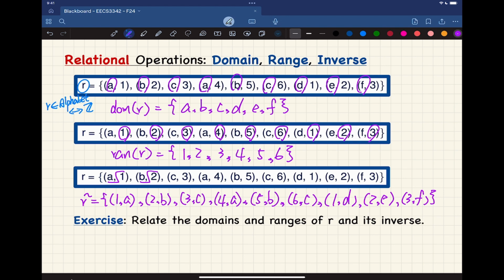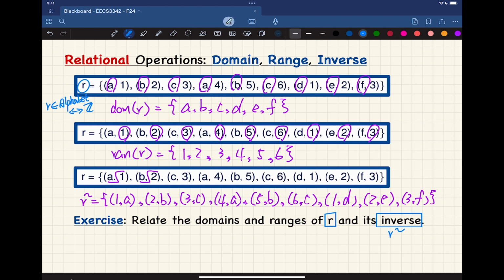Now, I want you to compare R, a relation in general. R may be a relation like this or any other relation, right? So we're considering R and its inverse. How do we relate their domains and ranges?